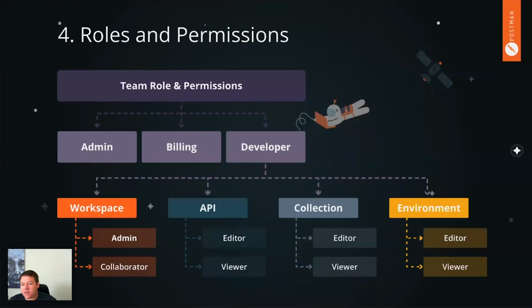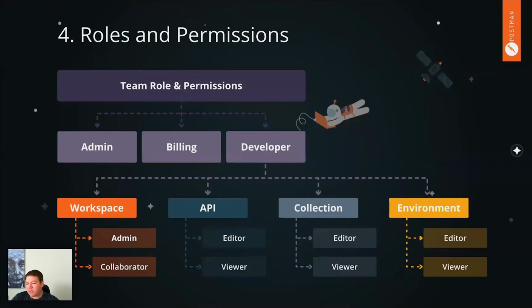If you're on a business or enterprise plan, each workspace, API, collection, and environment has its own role-based access control. You can assign 2 role types in Postman workspaces. Admin can manage workspace details and members, and collaborator can work on team resources in a workspace.